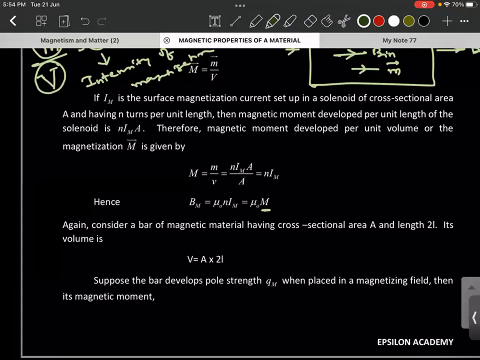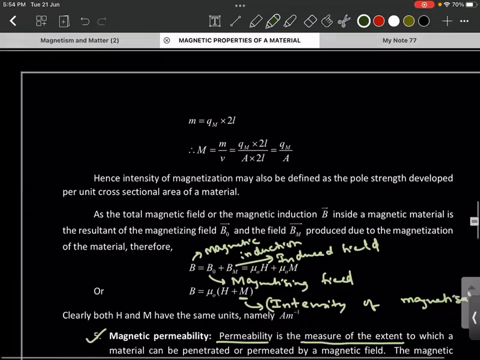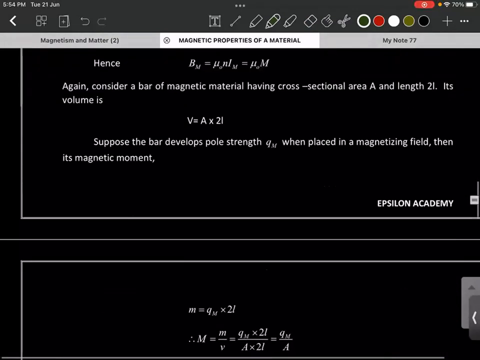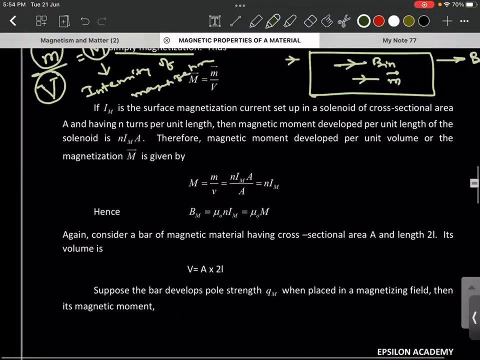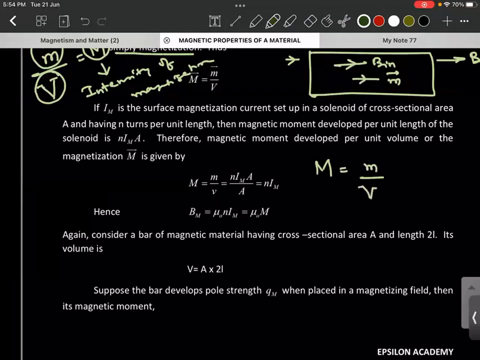So I gave you a formula: B is equal to mu naught into (H plus M). Let's see how we actually got it. Intensity of magnetization is defined as the dipole moment divided by volume.